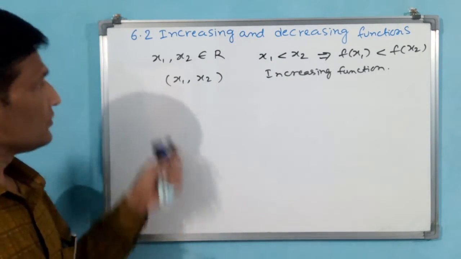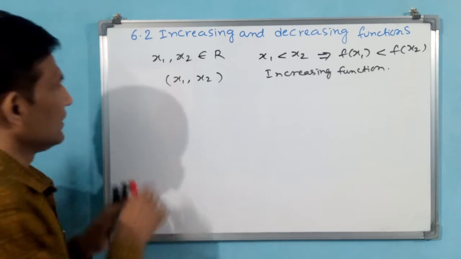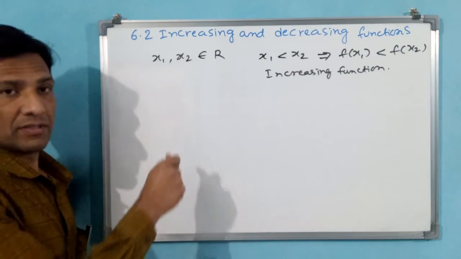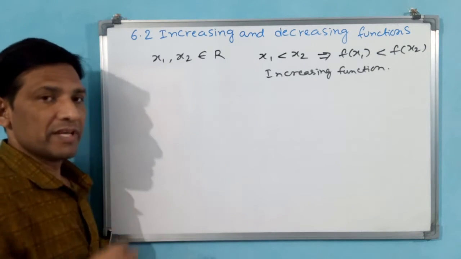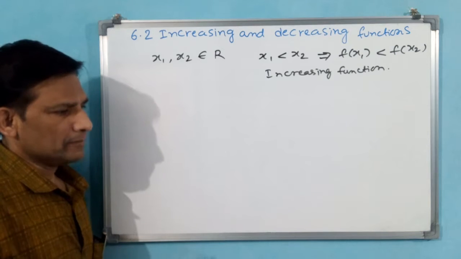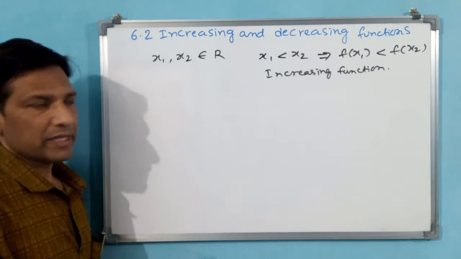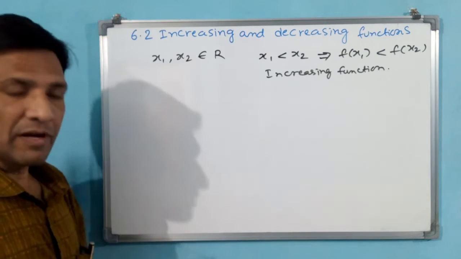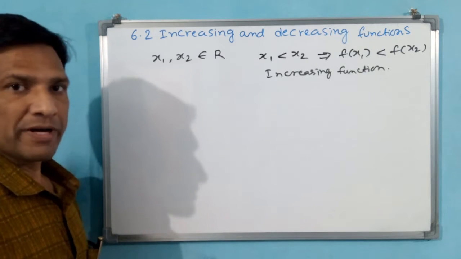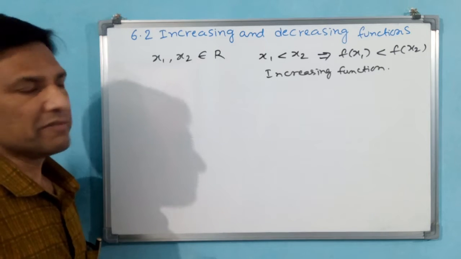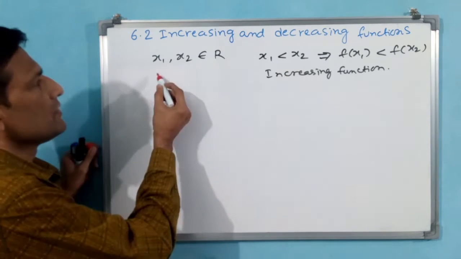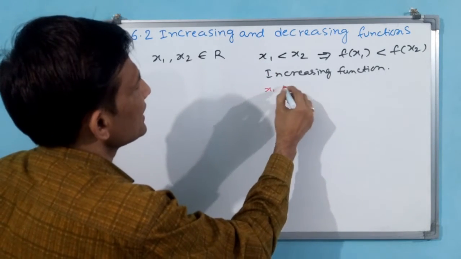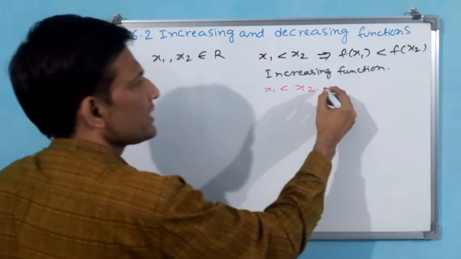See, for the decreasing function, the same conditions are there. This I am removing, because conditions we may not fix. Sometimes equal to also will be there. What we can say, intervals. Okay, interval I am not writing here. Interval should be there, but I am not writing it. Why? Because the interval may be a closed interval or an open interval. Depends on the function. You see here, same like x1, x2 we are taking, and same like x1 is less than x2 we are taking.